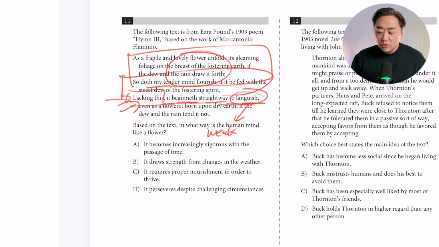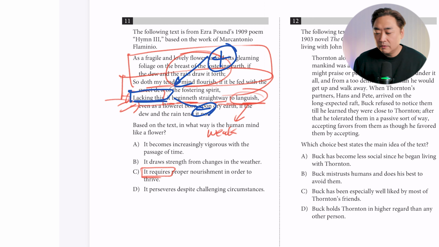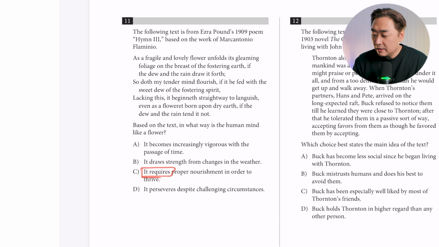B says it draws strength from changes in the weather. That has nothing to do with what we just read. C says it requires proper nourishment in order to thrive. See, that requirement is exactly what lacking this is going to become negative. So in other words, I need this positive. It's pretty dirty here, so let me get rid of all these so you can take a look.